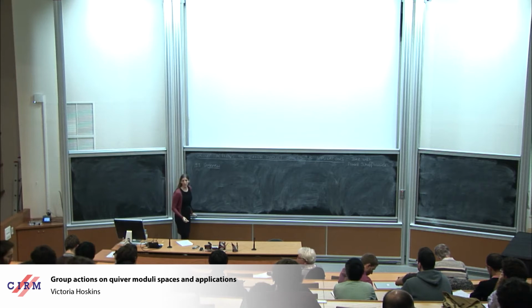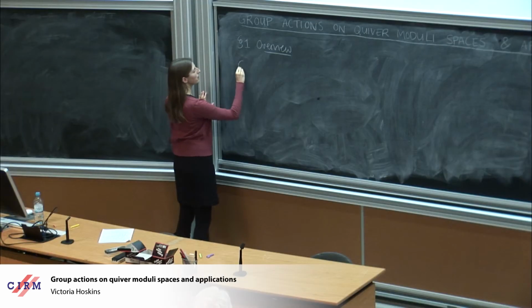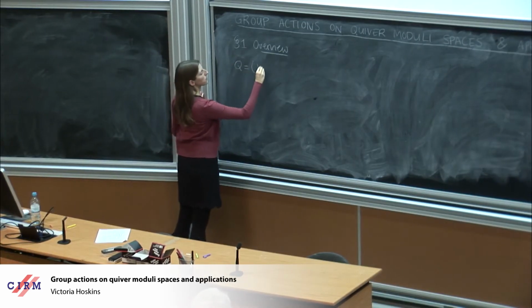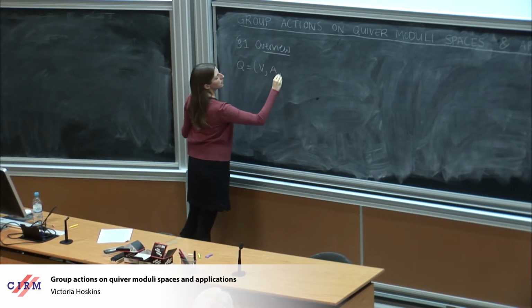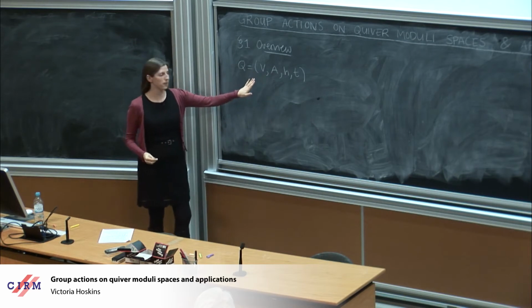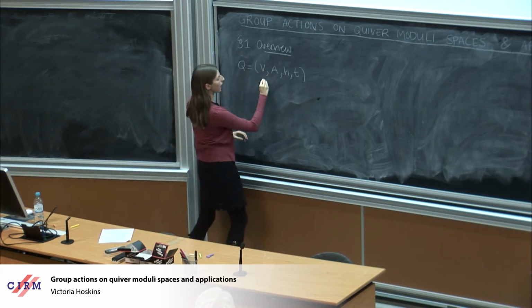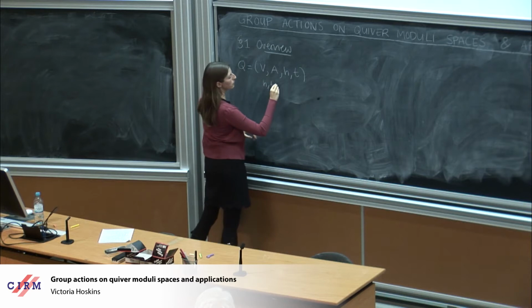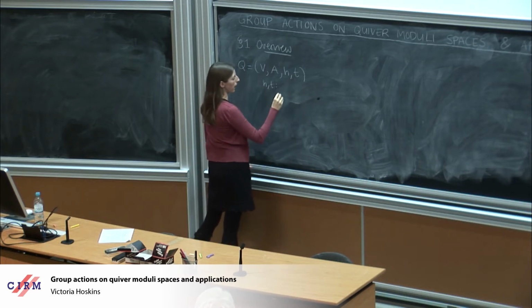So the objects that we're interested in are quiver moduli spaces. A quiver is just a directed graph. We have a finite set of vertices, a finite set of arrows, and head and tail maps, giving the directions of each arrow.